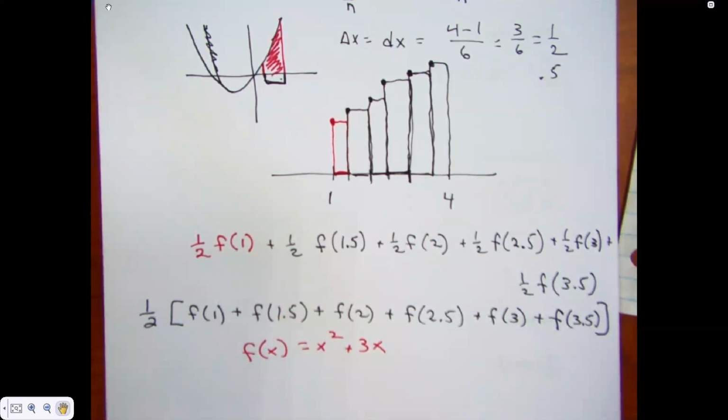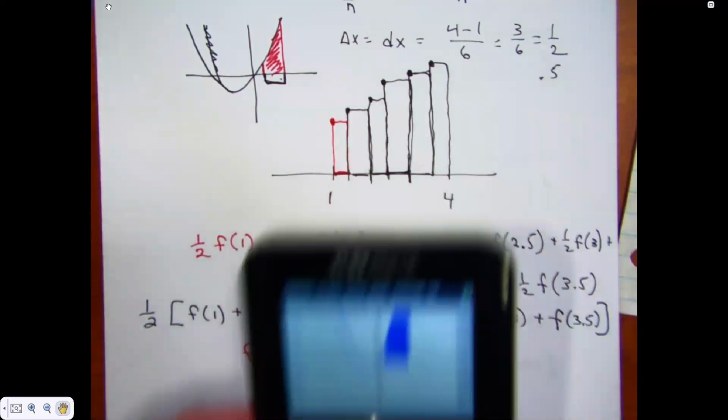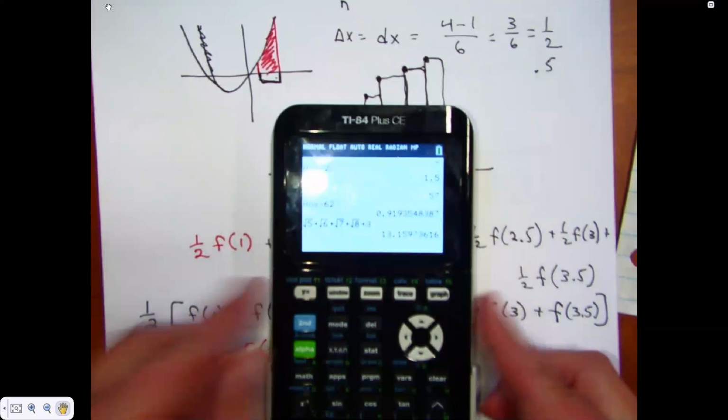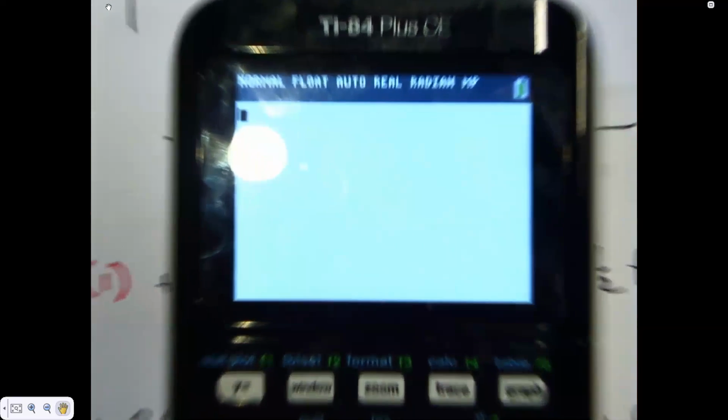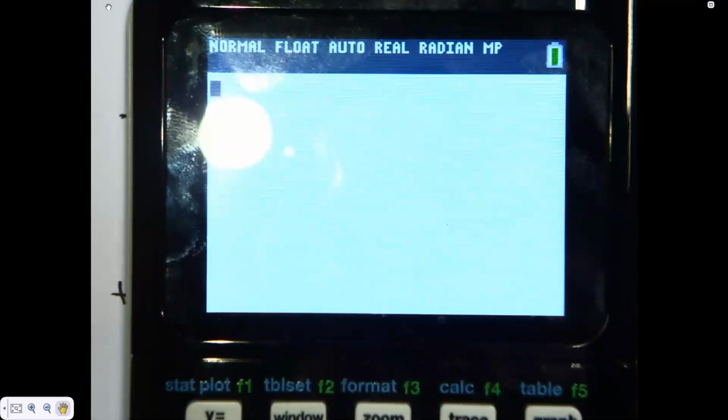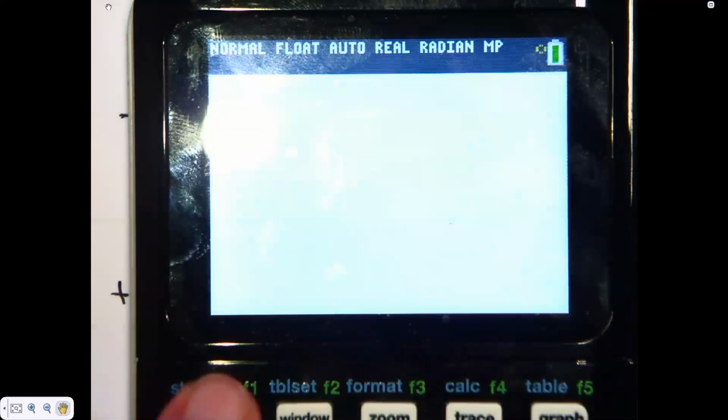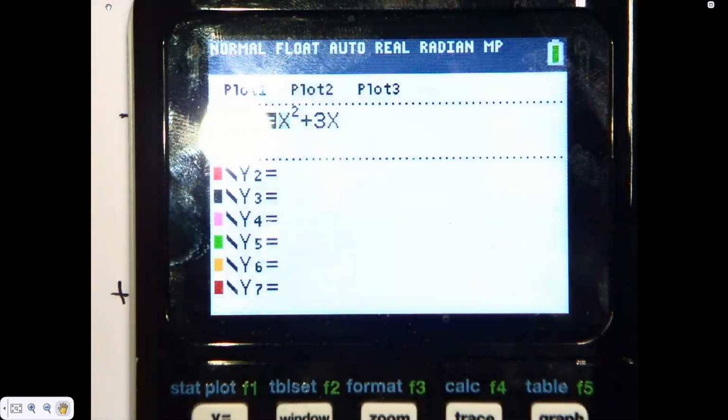Remember on the graphing calculator, let's clear this out. You go to y1, you type in your equation.